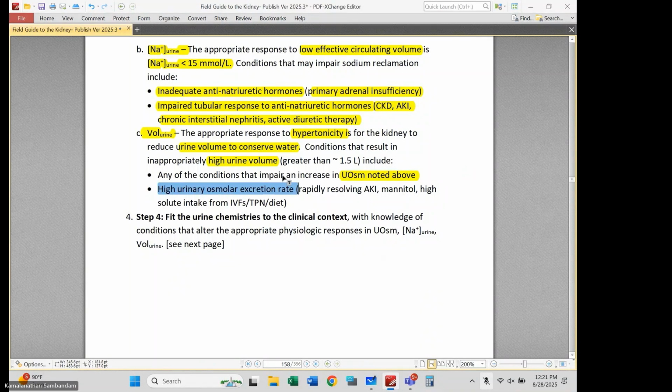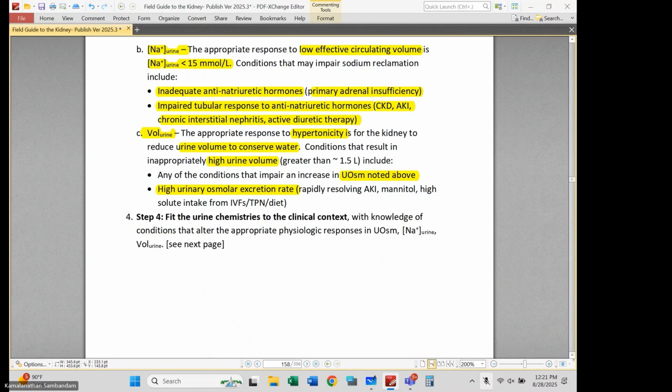The other scenario in which I might have a high urine volume, in this case, the urine would be concentrated, right? In this first bullet point, I might have high urine volume without a maximally concentrated urine, that is a low urine osmolality. But in this other category of scenarios, I simply have so many osmoles that I must excrete.